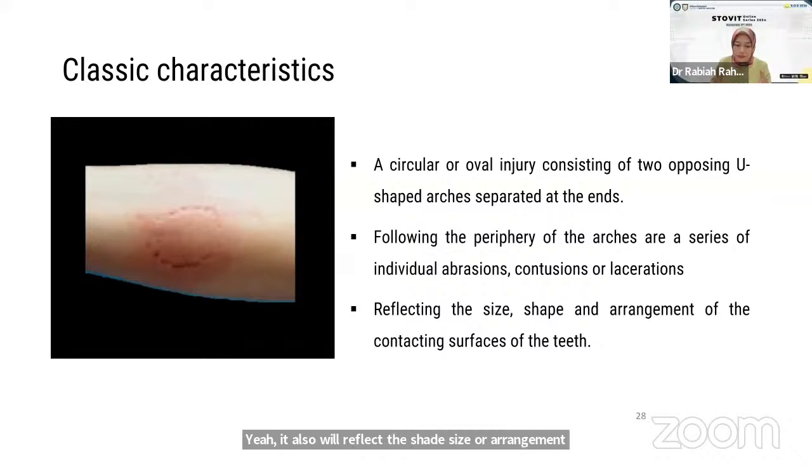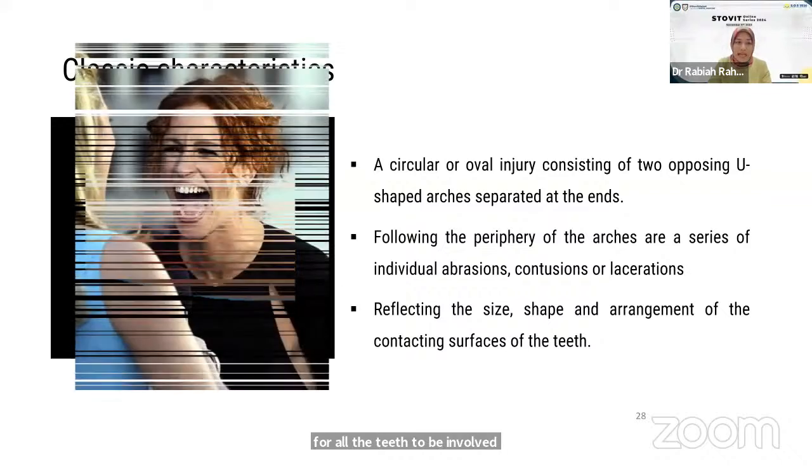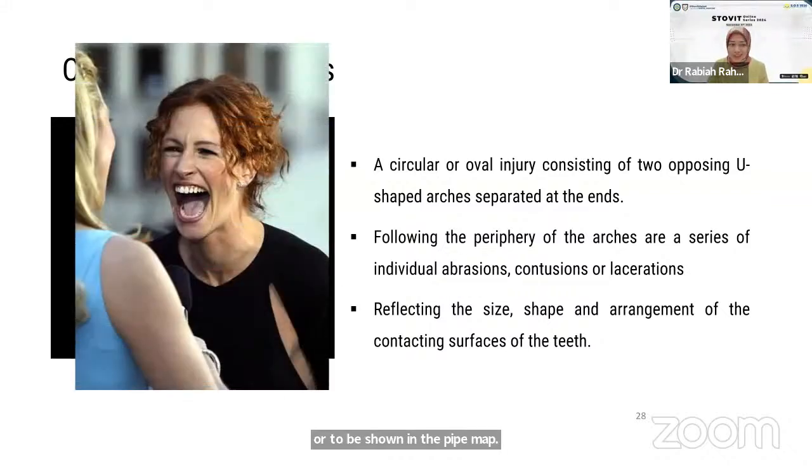But remember, usually it goes up to the premolar. It won't be so perfect that all the teeth are shown in the bite mark, unless you are Julia Roberts. She smiles from molar to molar. So if you ever find that, you can suspect Julia Roberts.